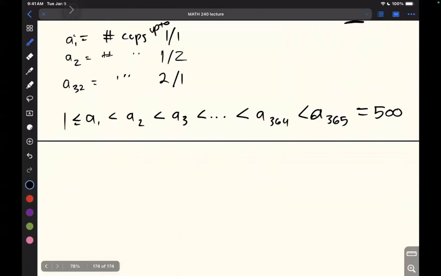All right, so I believe the book is structuring this like a proof by contradiction.